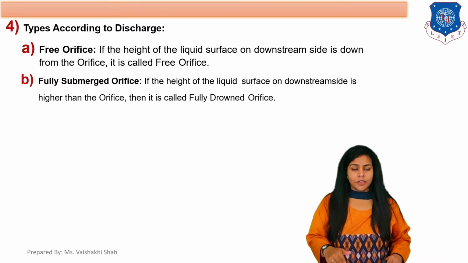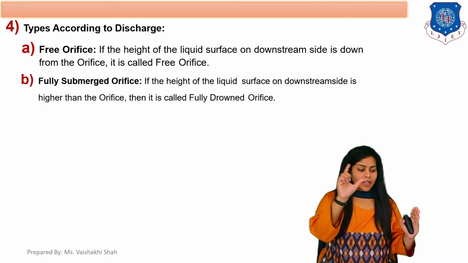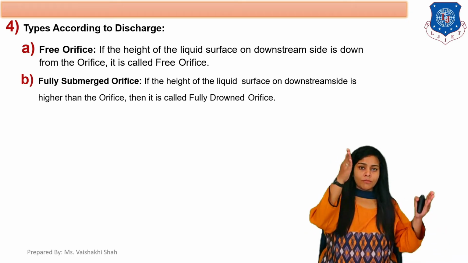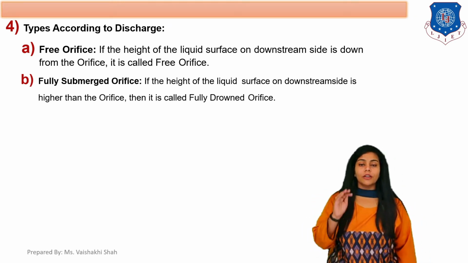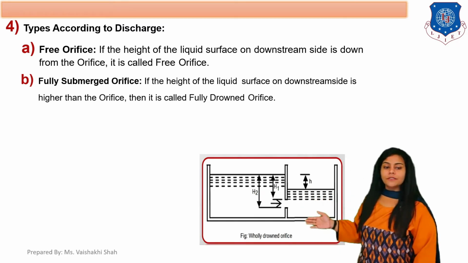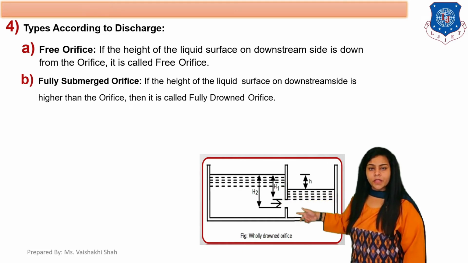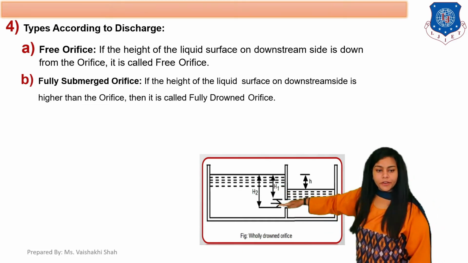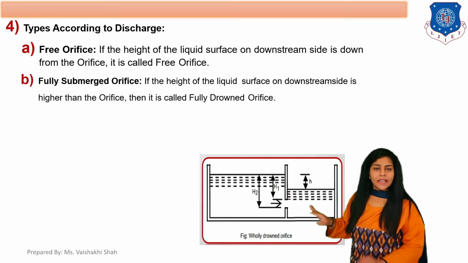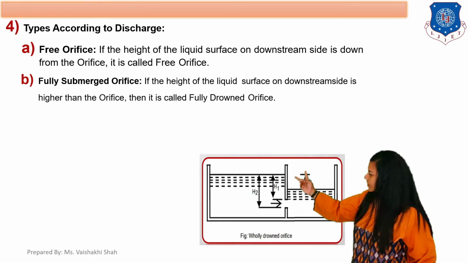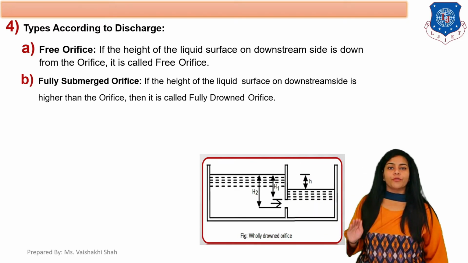If this is your upstream side and this is your downstream side, the orifice is submerged, both sides are completely filled with water. As you can see here, there are two containers and we provide an orifice here. You can clearly identify that this orifice is submerged because on both sides the water level is higher than the orifice. So this is called a submerged orifice.